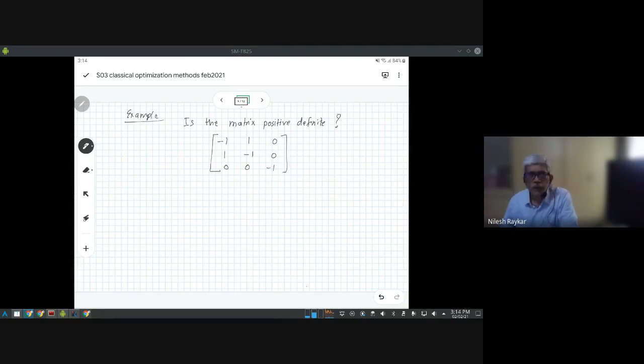So in order to check whether this matrix is positive definite or not, we have to calculate its eigenvalues. So we have to form the determinant. So for the determinant, you have to just write -1.